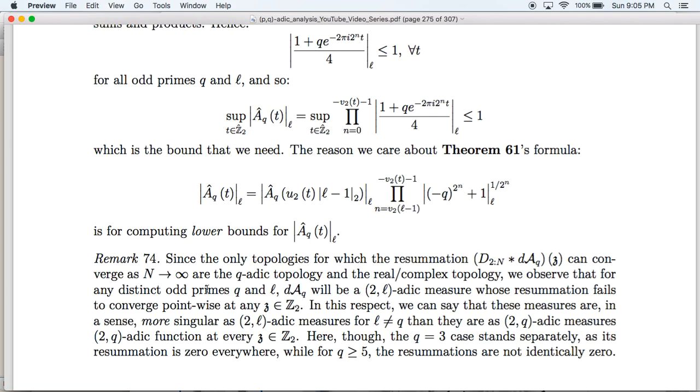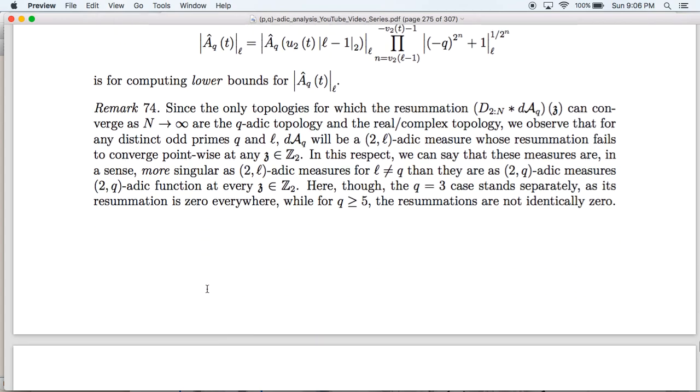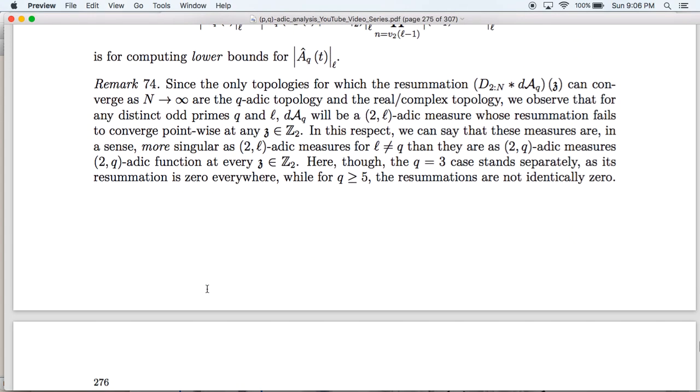In this respect, we can say that these measures are, in a sense, more singular as 2-l-adic measures when l is not equal to q than they are as 2-q-adic measures. Here, though, q equals 3 stands separately, as its resummation is 0 everywhere, while for q greater than or equal to 5, the resummations are not identically 0.